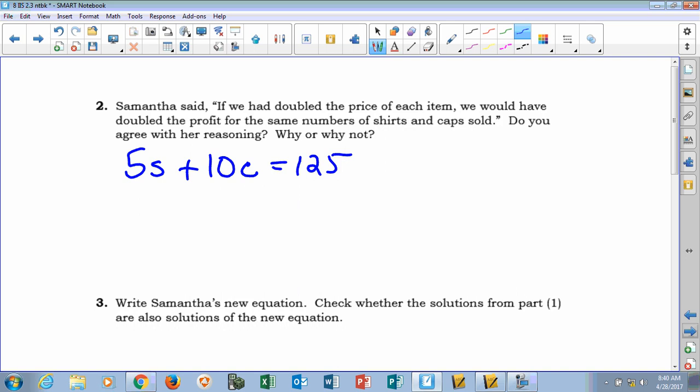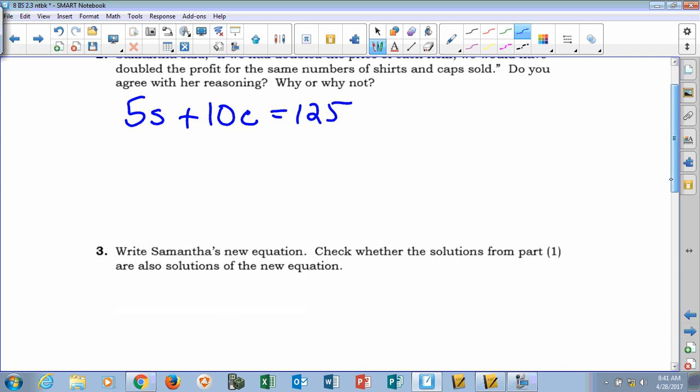So she said if you doubled the price, basically multiplying it by 2, would you have doubled the profit? Yeah, if you make $5 in profit off the shirt and $10 off the hat, and you take that price and double it, then you're going to double your profit, right? So if we double this equation, what do you think in number 3 our new equation would become?